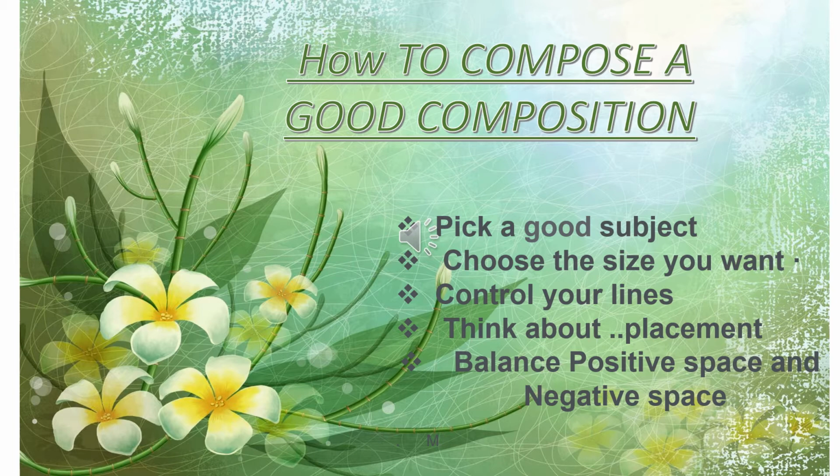Control your lines. Use an equal amount of negative and positive space to make a work feel more balanced. Distracting elements: too many lines or colors can distract or confuse viewers. In this way, you can make a good composition.